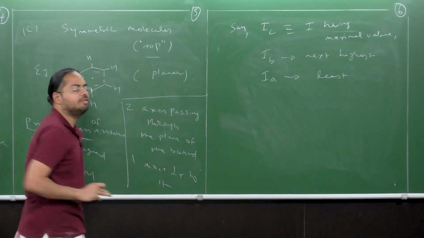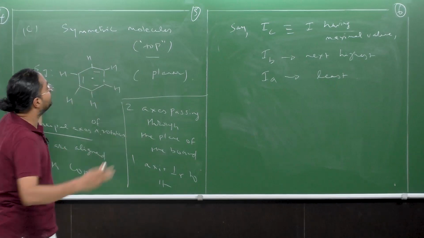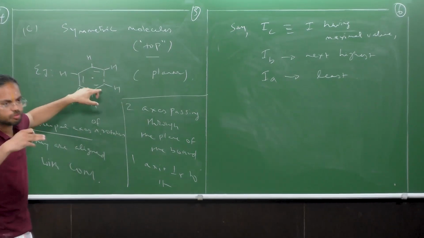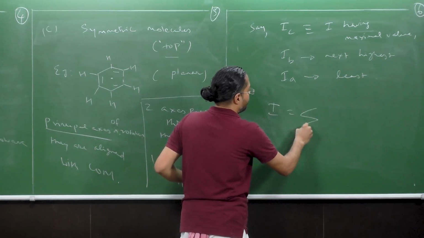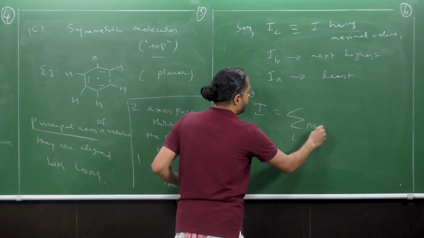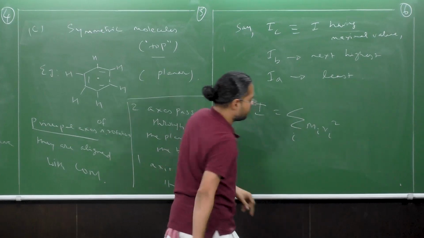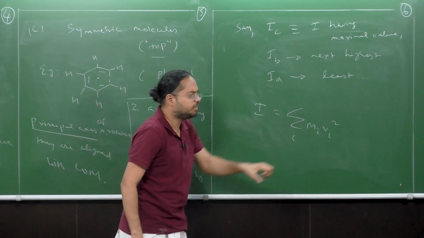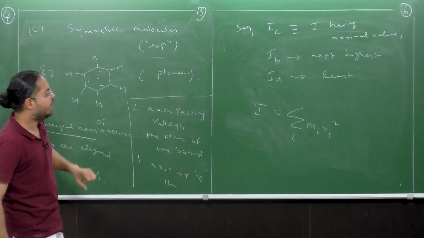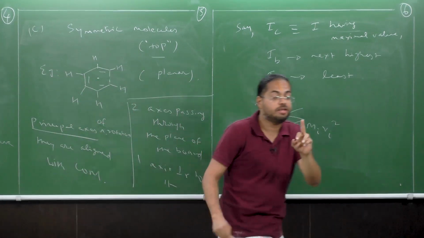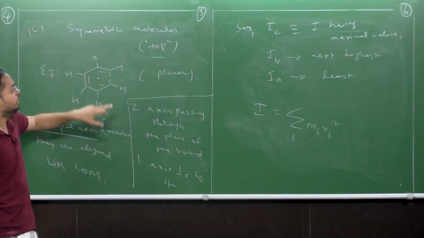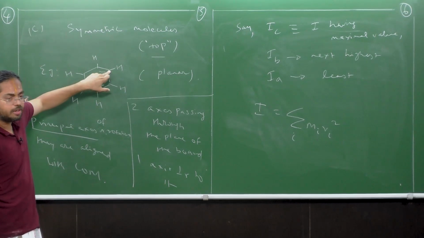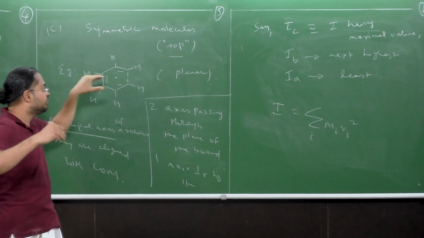Now, having said this convention, what's the formula for your moment of inertia? Your I is given by the sum over i of mi Ri squared, where mi is the mass of the ith atom, and Ri is the distance of the atom to the principal axis passing through the center of mass.